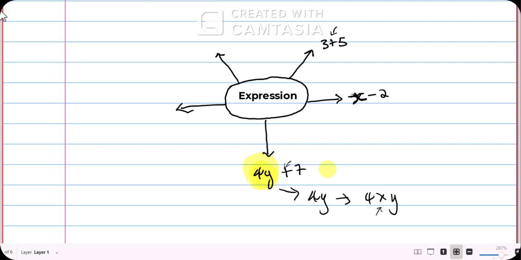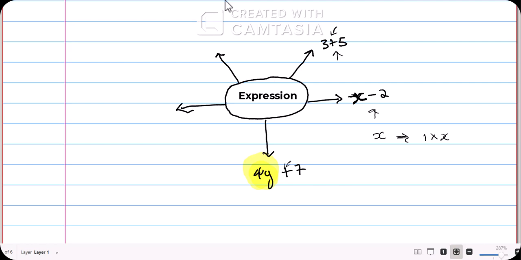For this one, let me just erase this part. For this one, we have how many operators here? We have only one operator, the addition operator. Then for this one, we have how many operators? We have one operator. Or we can say we have two operators because x is also the same as 1 times x.